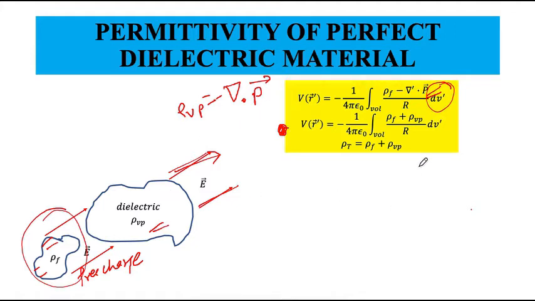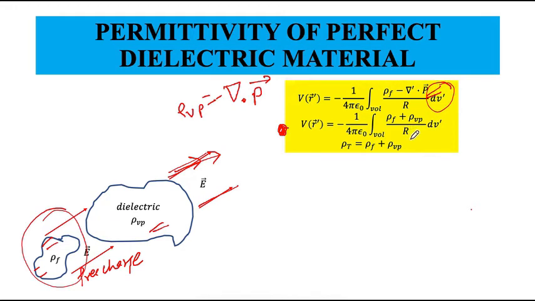Now if this is the field that I have, I could take it one step further and write this as rho F plus rho Vp over 4 pi epsilon naught r.